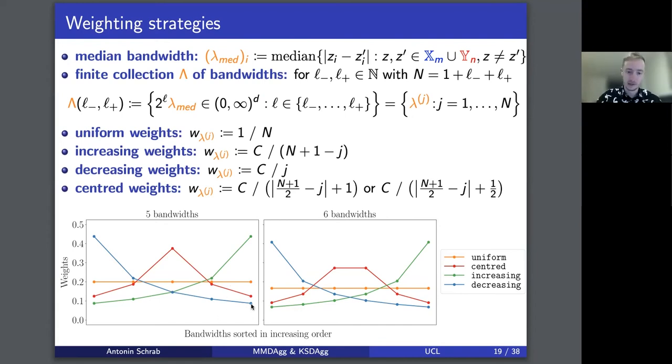Here we're already at 0.1 for using only 5 bandwidth, so if we square this, we'll be very close to 0. And the intuition we have is that there's no point in practice giving some bandwidth a weight extremely close to 0, because that would mean we're not really interested in having this bandwidth. And if we're not interested, then we might as well not include it in our collection of bandwidth. So that was the intuition.